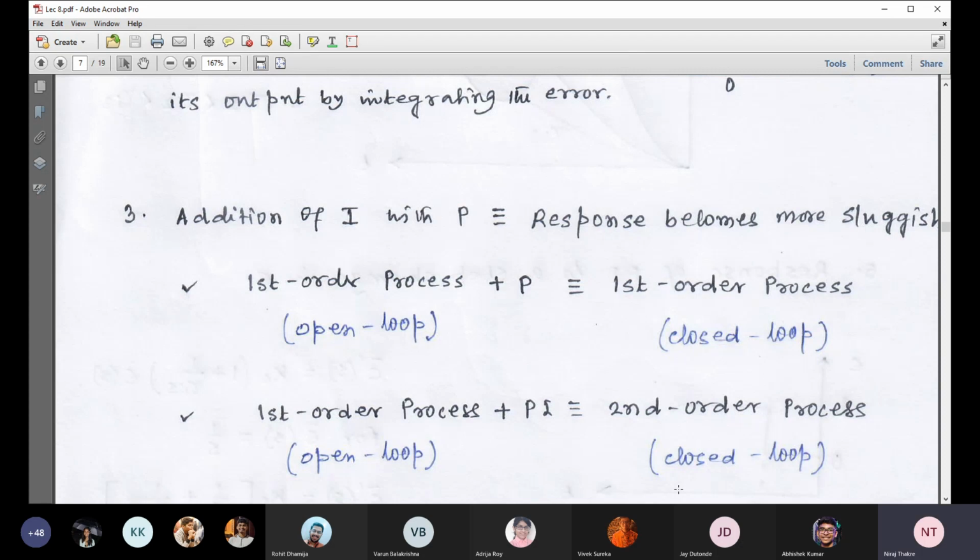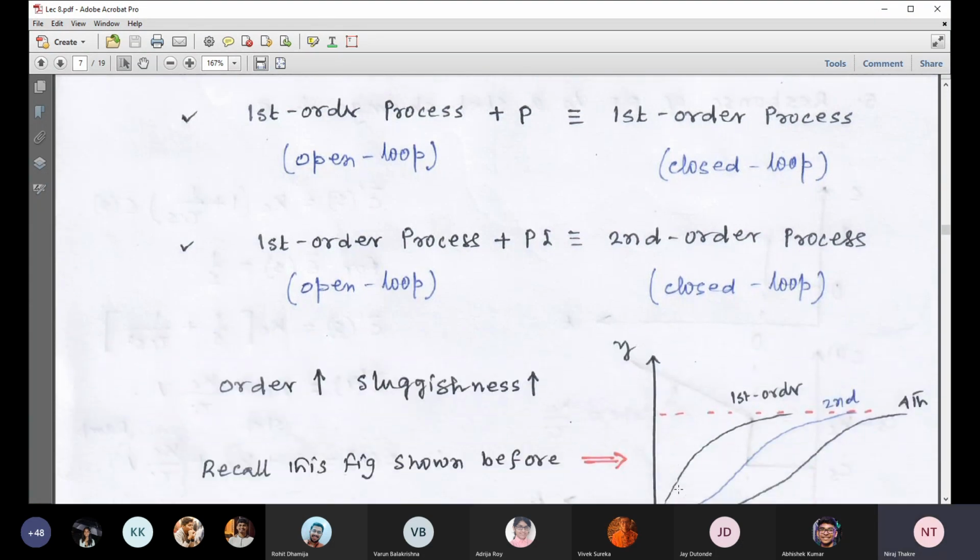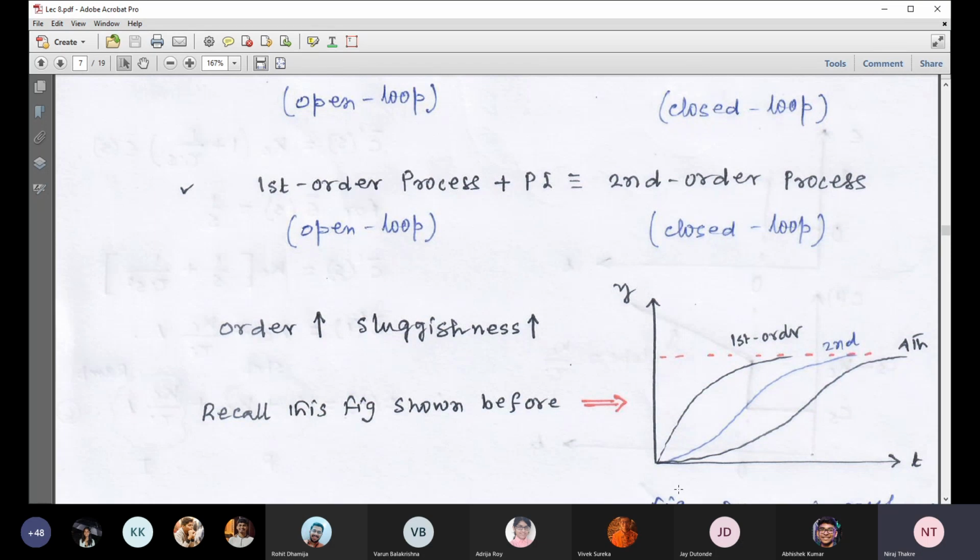When we employ a P only controller, the closed loop process order does not change. But with a PI controller, the order has increased by 1. And you know, I have shown graphically before, the change of order leads to making the system sluggish.